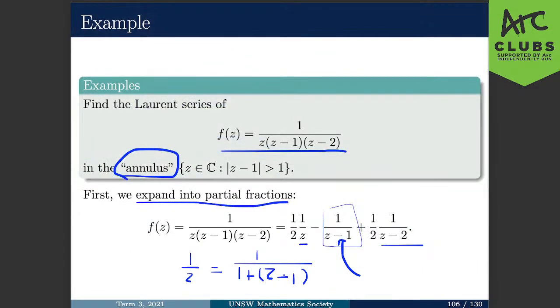I will rewrite 1 over z like this, and I will write this as a power series: negative 1 to the n, z minus 1 to the n. So in that case, this thing here would converge inside the circle. But because in this question we're trying to get it to converge outside the circle, I didn't do this.